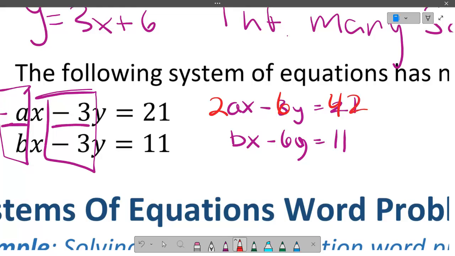That's insignificant, okay? I don't care about the 42. I still only care about the coefficients. That's it, okay? Well, now these are the same. I've achieved that first goal. Those coefficients are the same, which means that these two things also have to be the same. 2a has to equal b.